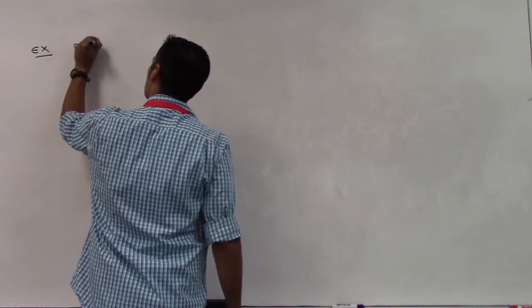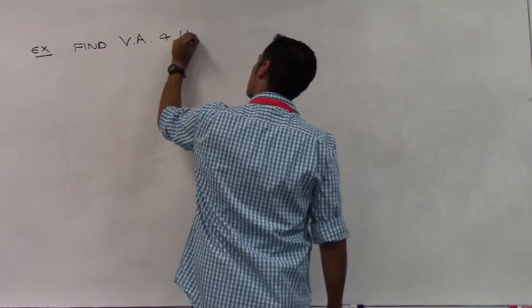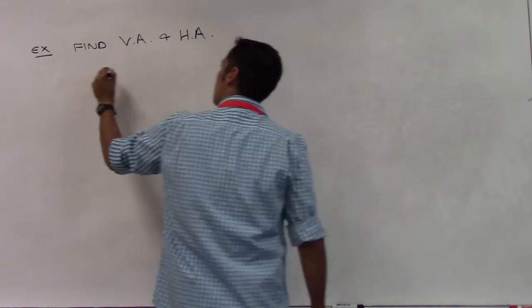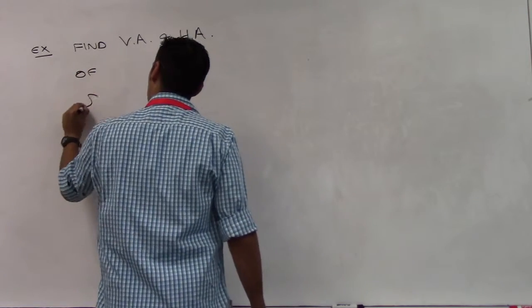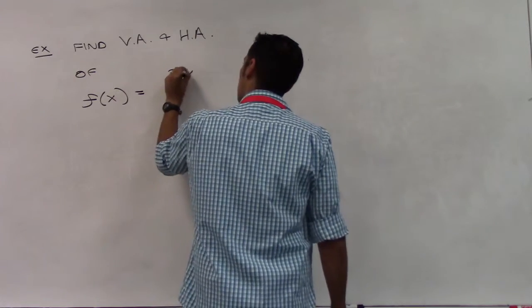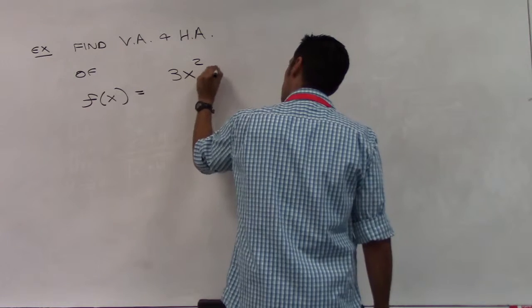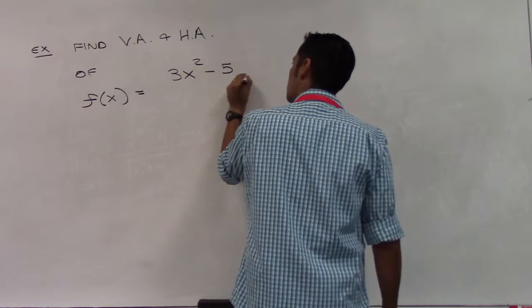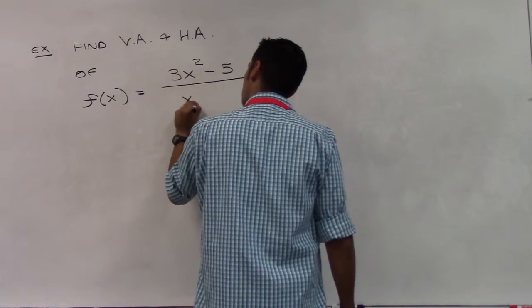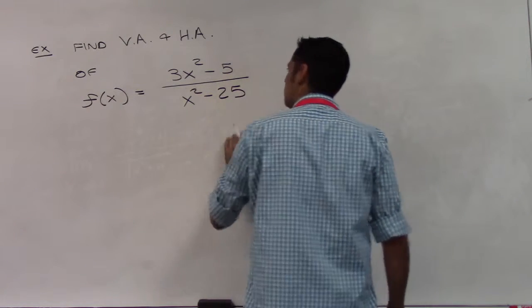Find the vertical asymptotes and the horizontal asymptotes of f of x equals 3x squared minus 5 over x squared minus 25.